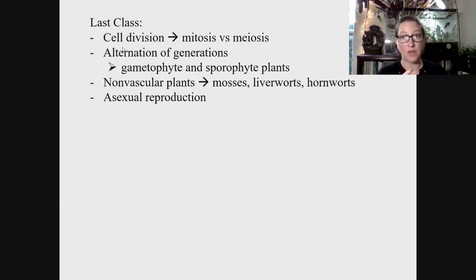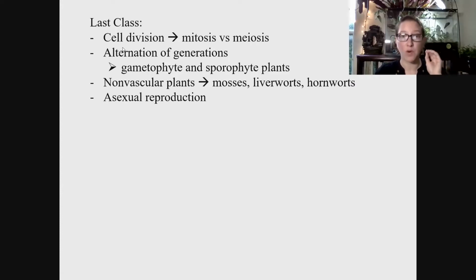If that still seems a little cloudy to you, that's okay. I think today might help reaffirm some of these concepts. We'll see a lot of repetition in terms that we used last class. But briefly, mitosis is a type of cell division, and meiosis is a type of cell division. Those are two types of cell division.